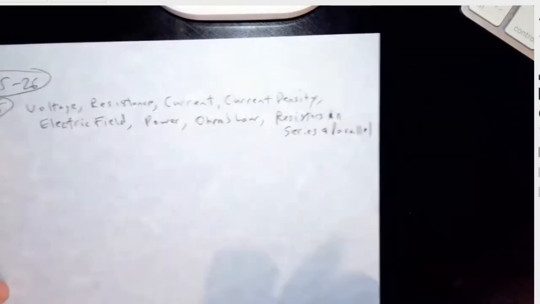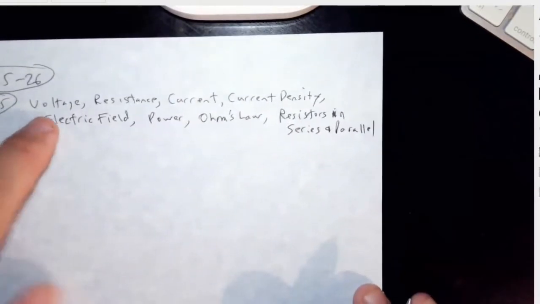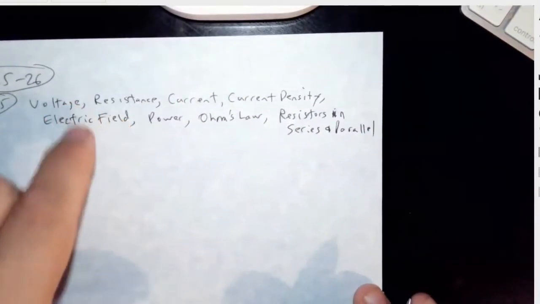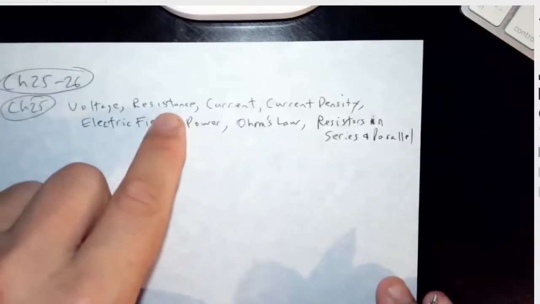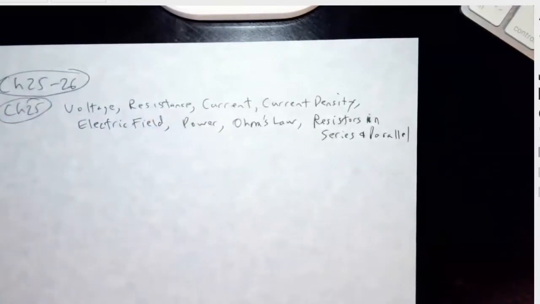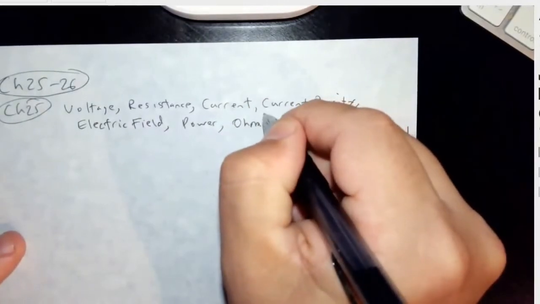So that one is the focus of 27. Voltage, so some of the same stuff that we've seen before, voltage and electric field, and then the emphasis on resistance, current density, power, Ohm's law.